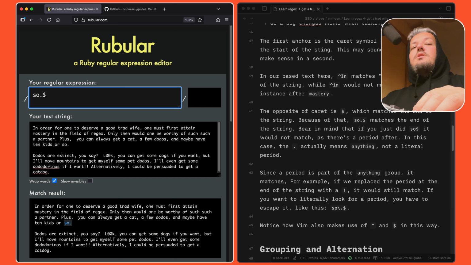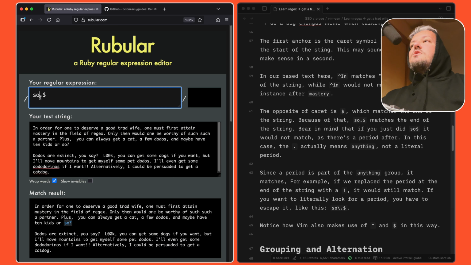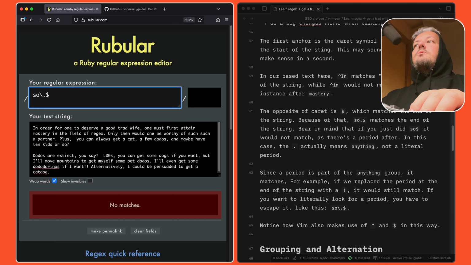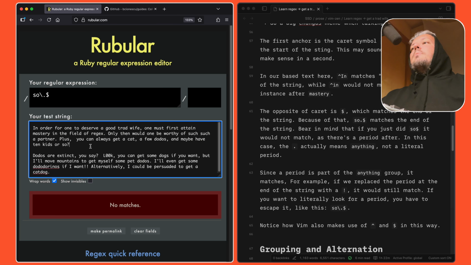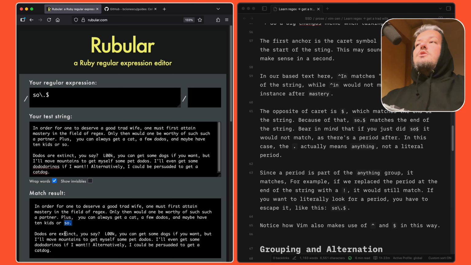It's a placeholder for any one character, because remember, we talked about this at the start of the video. So for example, if we do a question mark, it still matches, because this just means anything. If we wanted to make it into an actual period, we'd have to escape the period by doing a backslash. So if we go back here and we replace it with a period, boom, now it's matched.